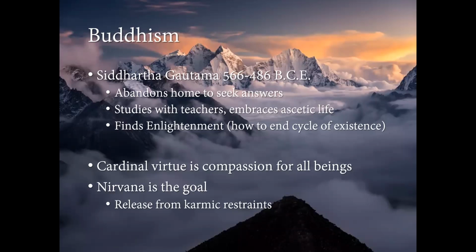He was born in fairly comfortable circumstances, often described as a nobleman or a prince. But at the age of 29, similar to Mahavira, he began to be concerned about the lot of human suffering, aging, sickness, death, and abandons his home and his family to try to answer the question of how you get out of this endless cycle of existence.